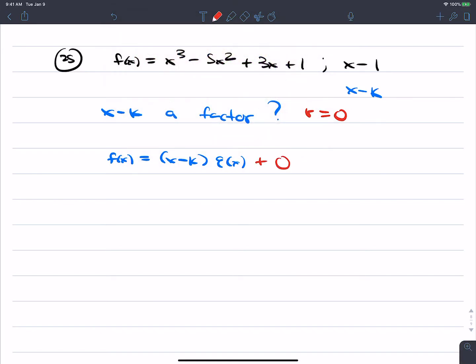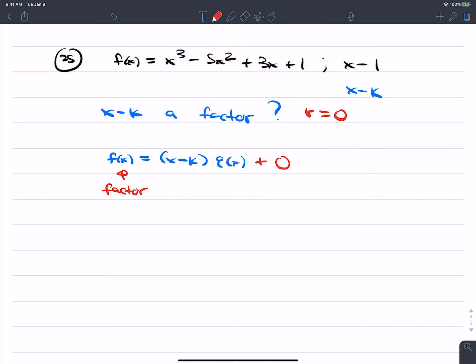This is plus 0. It's not even there. It's like saying we took the original function and we factored it. So we need to find if we get a remainder of 0 here, and that will answer our question. So is x minus k a factor? Well, let's see if the remainder is 0.